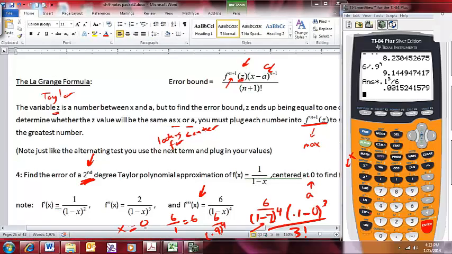So I typed the numbers in the calculator. If you lost the numbers you were looking for on the right, they're over here on the left. We were looking for what 6 over 0.9 to the fourth was. That's 9.1449, which is a whole lot bigger than 6, so that ends up being the maximum value.